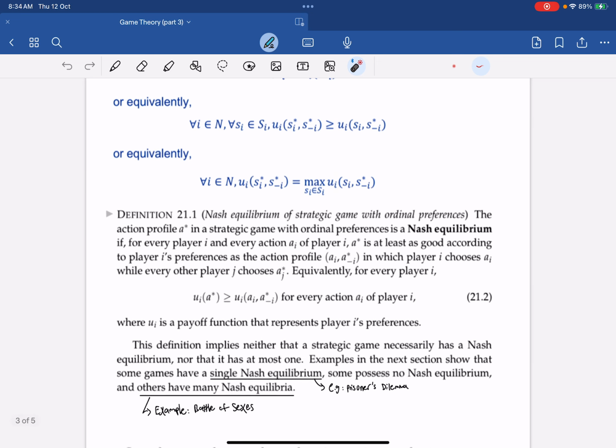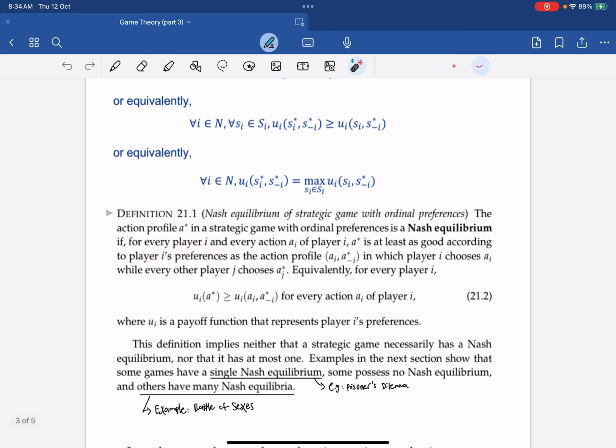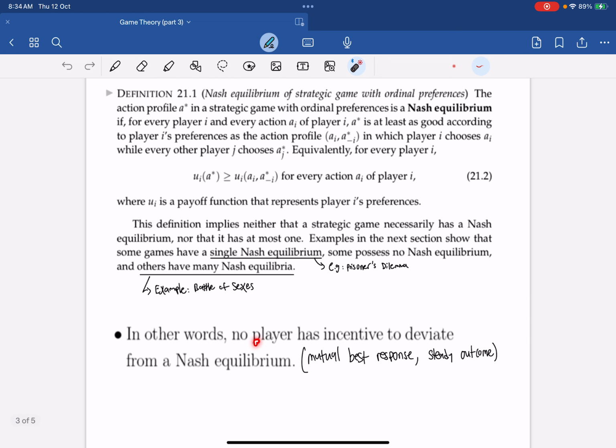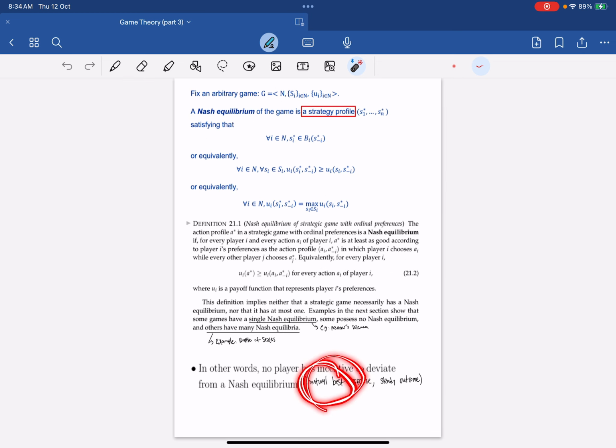And in words, it says that for every player, every strategy chosen is at least as good according to the player's preferences. So in other words, the players have no incentive to deviate. So it's actually a mutual best response. So this mutual best response is important.